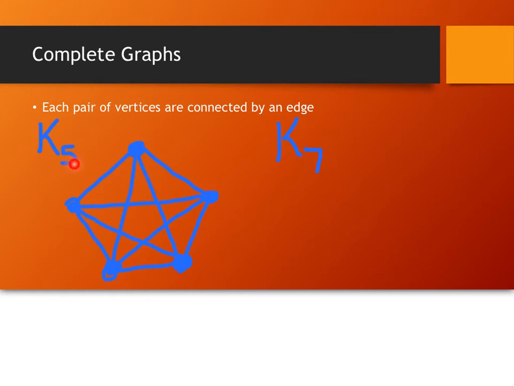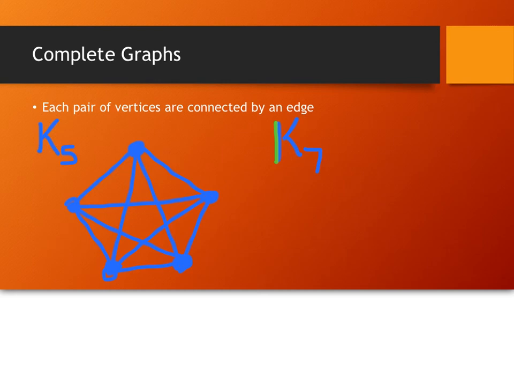So since we have 5 vertices, there'll be 4 other vertices each time. So 4, 1, 2, 3, 4. That one's good. 1, 2, 3, 4. That's good. 1, 2, 3, 4. All right. So that's sort of a check in making sure that you, in fact, made all the connections that you wanted to.